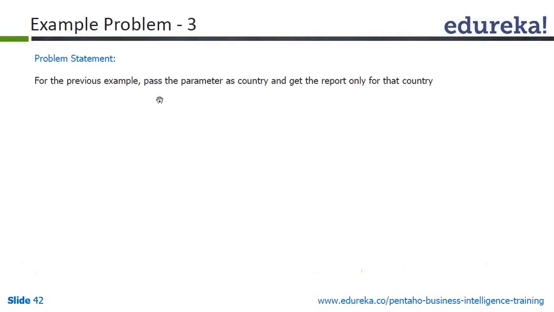Now from the previous example, basically it was generating a report for all the countries. Now what if I want to see a report for only India?